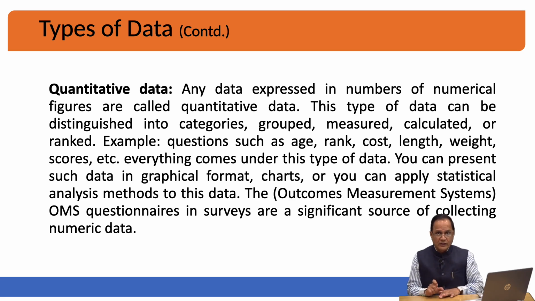In this case, strongly agree can be given 5 points, agree can be given 4 points, cannot say can be given 3 points, disagree can be given 2 points, and strongly disagree can be given 1 point. Here this is the process of converting quality into quantity. Now, this quantitative data can be used for further analysis and for findings. So, there can be two types, qualitative and quantitative data.